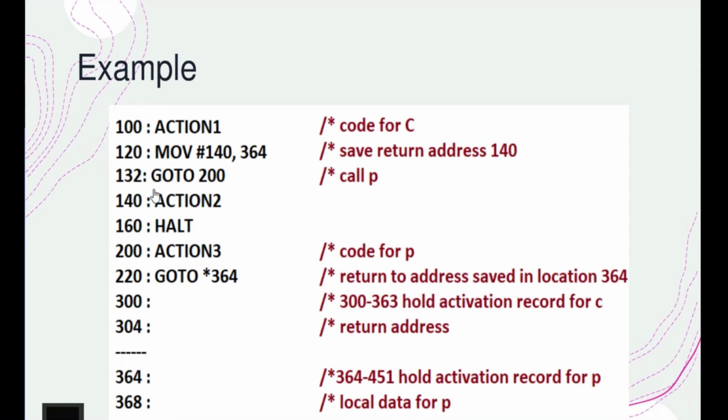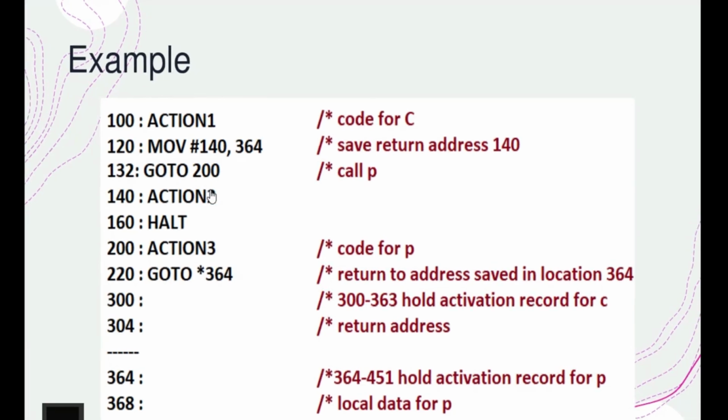One is the move instruction, another is the go to instruction. The move instruction always helps to save the return address, and the go to instruction always helps to transfer the control to some procedures. If an instruction like go to *some variable or constant value is given, that helps to return to the address mentioned in that static area, callee.static area. So this is what static allocation is.